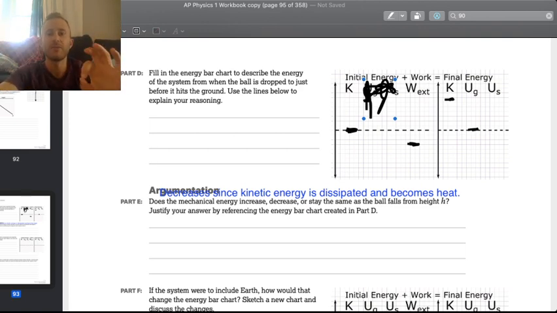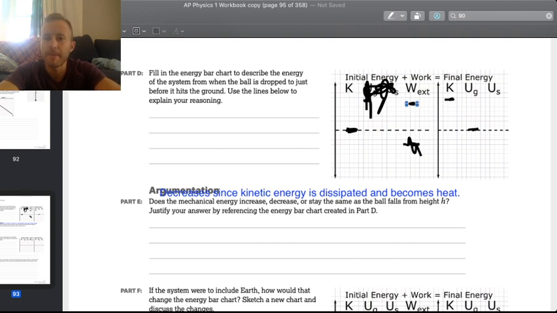So if I define the system to be just the ball, there is no potential energy. And we're going to think about the external gravitational force as being external work. So gravity is doing positive work to speed up the object.